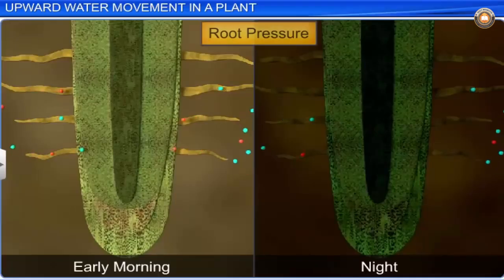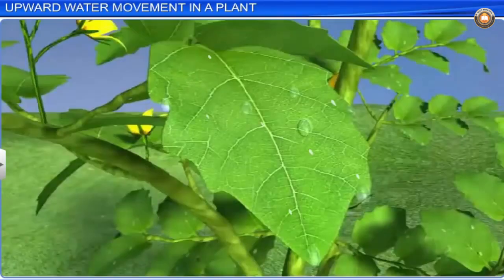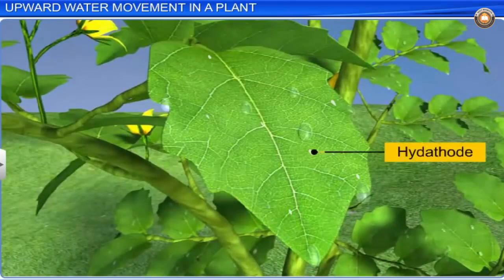The impact of root pressure is best witnessed during the night and early in the morning when evaporation is slow. At this time, the excess water collects as droplets around the special openings of veins called hydathodes near the tip of grass blades.